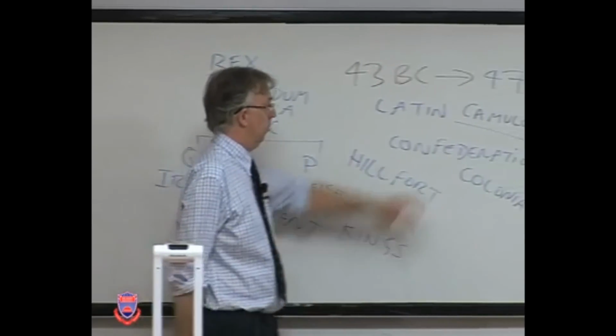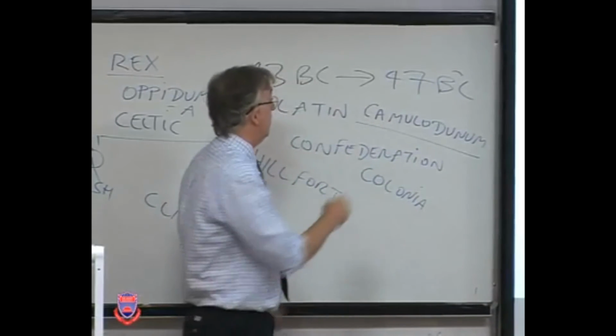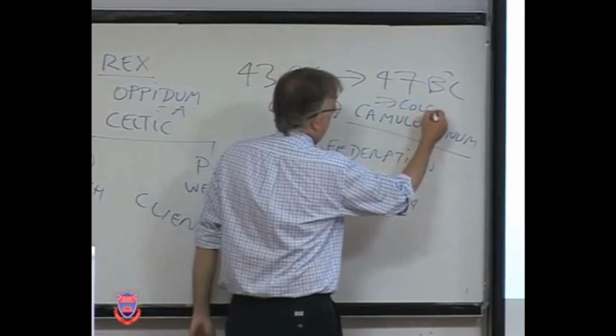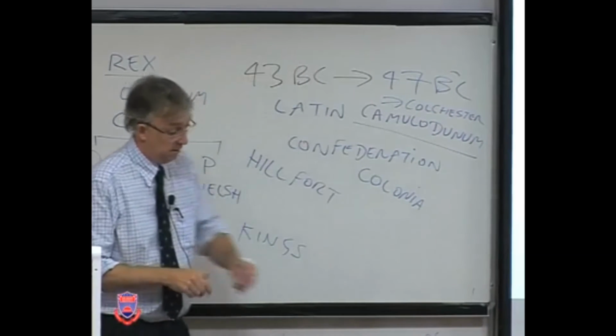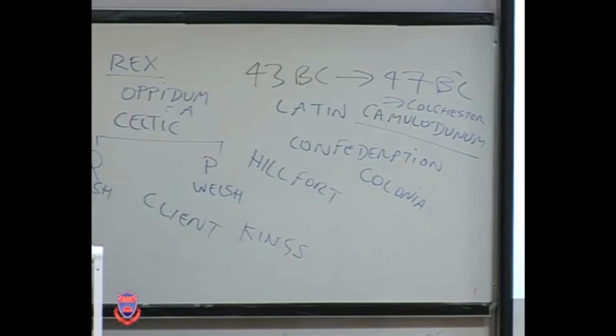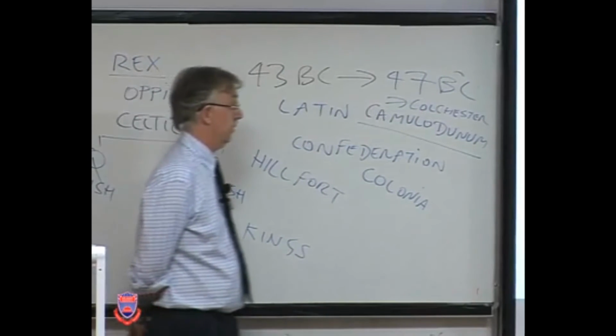This had been an oppidum, this had been their central place, and the Romans took this over. It's now the English city of Colchester, and there was some resistance to this strong Romanization of their tribe and the building of this city.